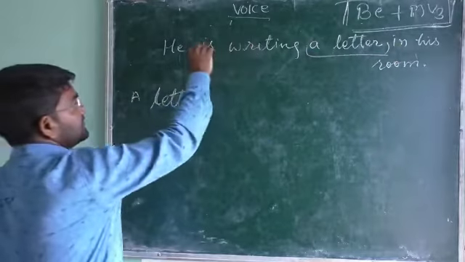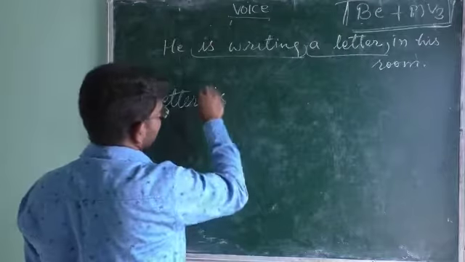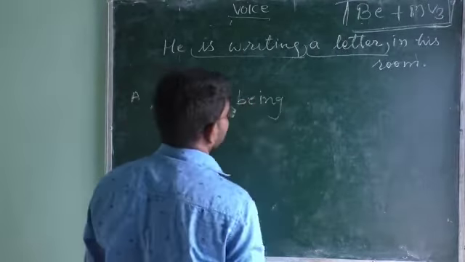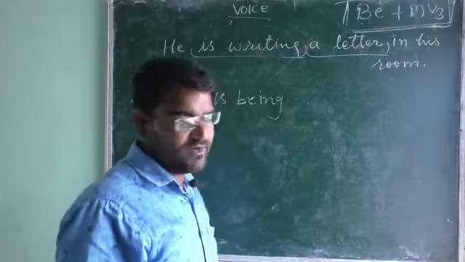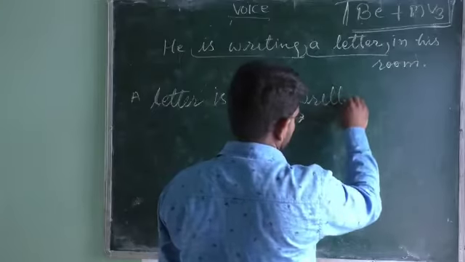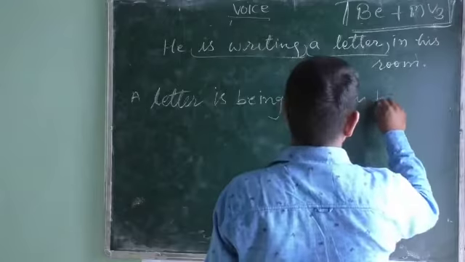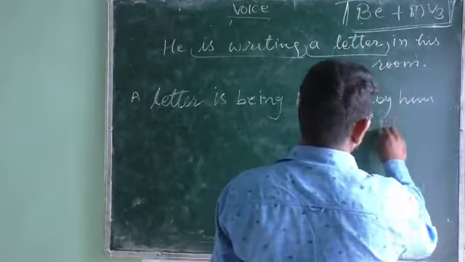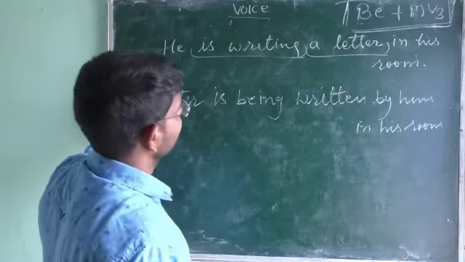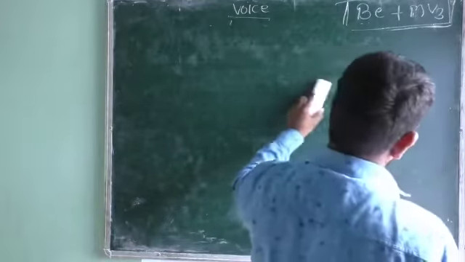Next, the verb changes. Is writing, the ing form of be is being, and after that the third form of the main verb: write, and the third form is written. By him in his room. Yes, these are simple sentences that we can change from active voice into passive voice.